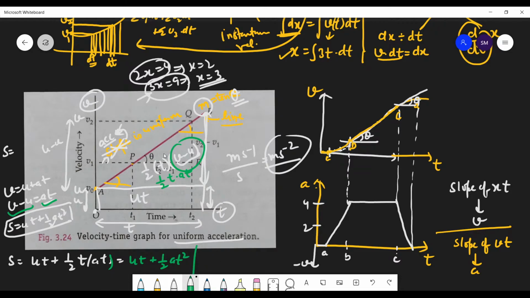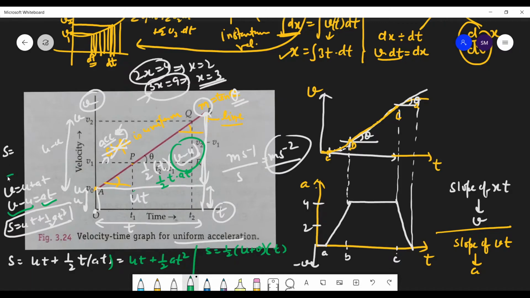Now if you take the area of the trapezium, then you will get another formula. So half into the sum of opposite sides. So this is u, and this is v. So v plus u. And what is this? Sir, t. So now put the value of t.